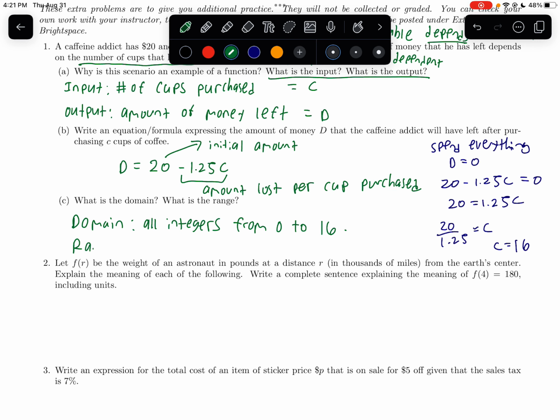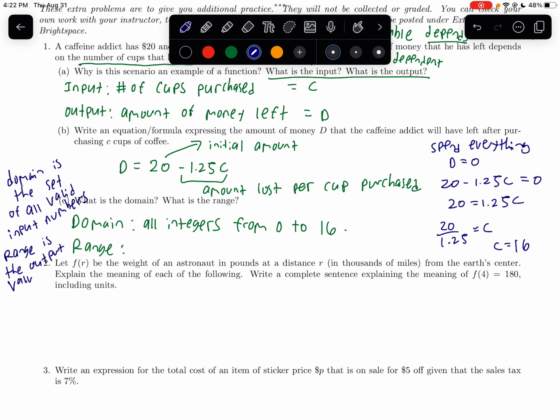The range, so remember that your domain is the set or the collection of all valid input numbers, and the range is the output value.